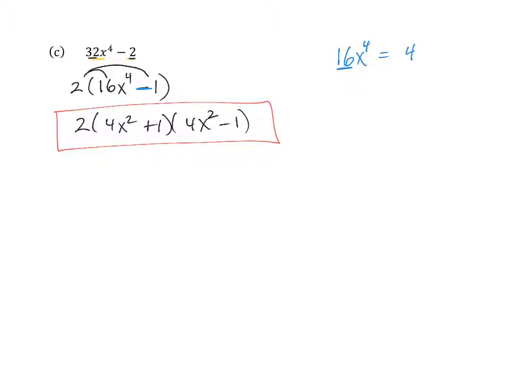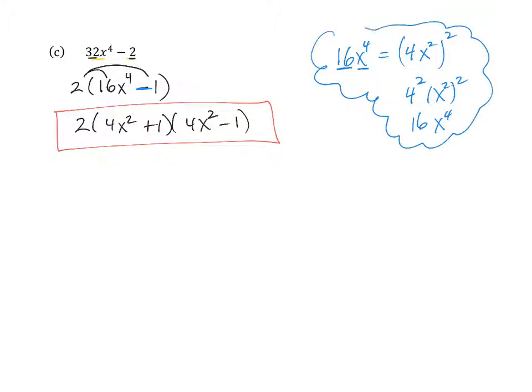That's 4 times 4 is 16. X to the fourth is a perfect square because x squared times x squared is x to the fourth. This would be 4 squared, and then x squared quantity squared. That is 16x to the fourth. So that is a perfect square.